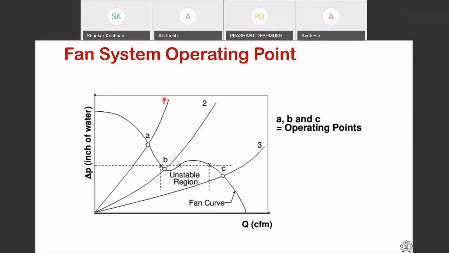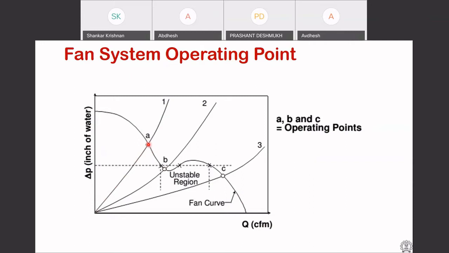Now, depending on whether I have a fan and I put a heatsink there, the heatsink offers a pressure drop for a given flow rate. If I keep increasing the flow rate, the pressure drop keeps increasing. The point where the system pressure drop meets the fan curve is often called the operating point.